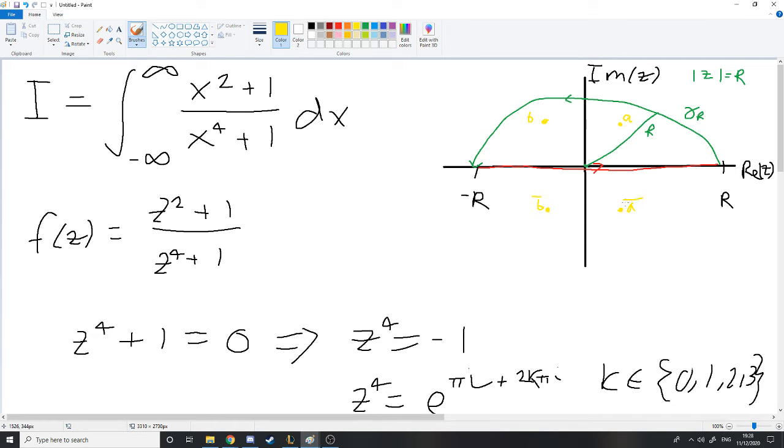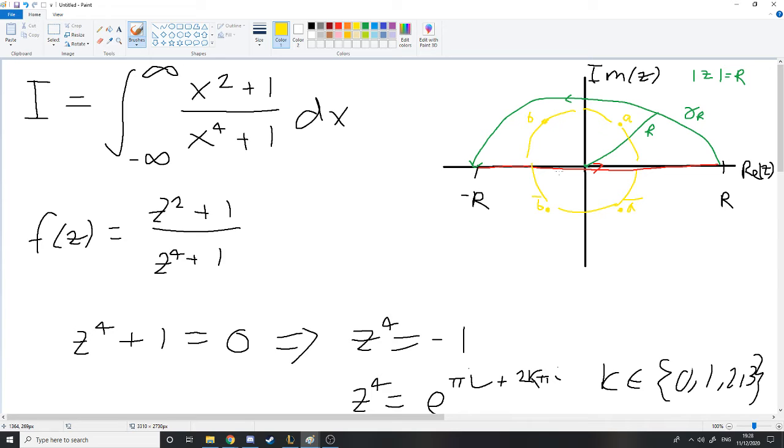These are the roots of the denominator, and these are going to be our singularities. They lie on a circle. These are our roots of unity.